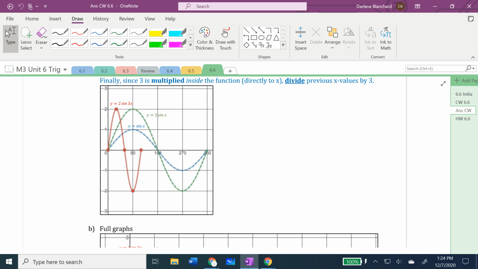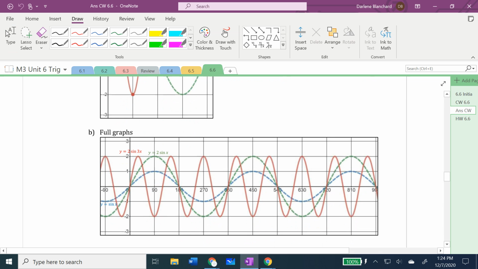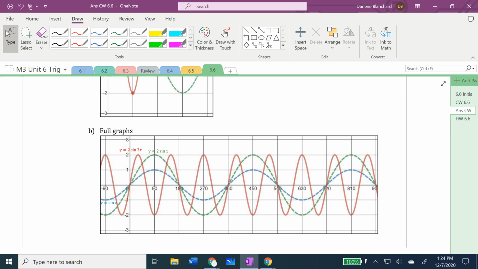And then for the full graphs, they can get a little tiresome. Understand that the full graphs isn't so much me wanting you to burn your hand out and have carpal tunnel. Well, I'm exaggerating, but I want you to see the full scope of it.